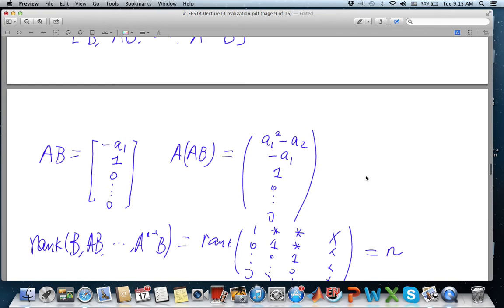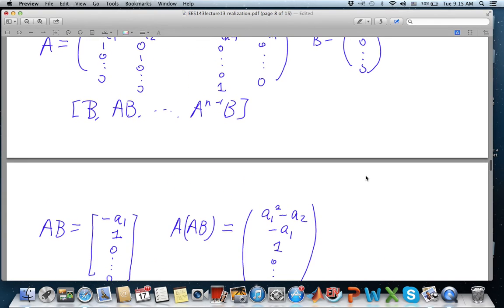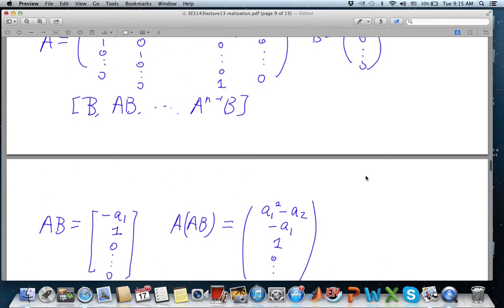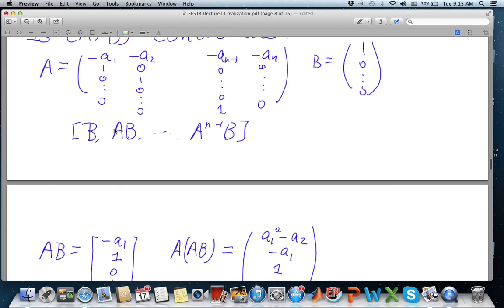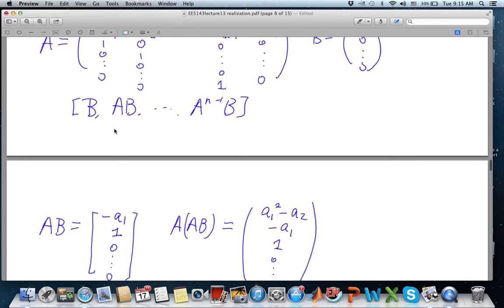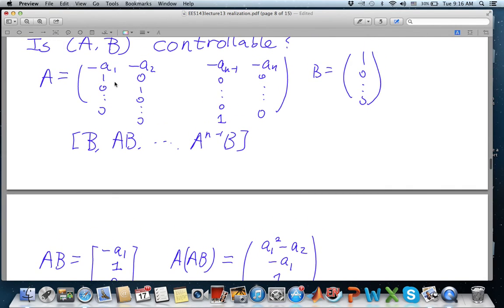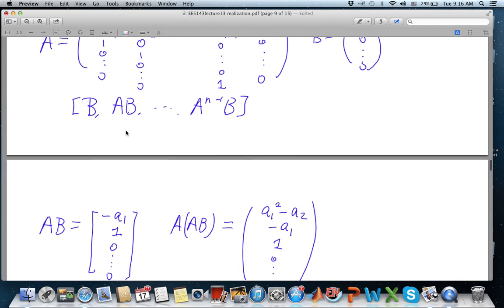Okay, so let's check it first. My B is 1, 0, 0, 0. My AB, when we look at it, we're going to sample the first column of it, which is going to give me -A1, 1, 0, 0, 0. And then A times my AB is going to give me the combination of the first two columns. Then when you look at it, I'm going to have A1 squared minus A2, -A1, 1, 0, 0, 0.